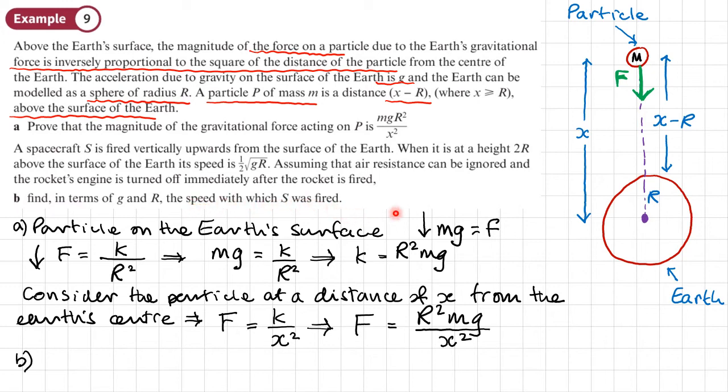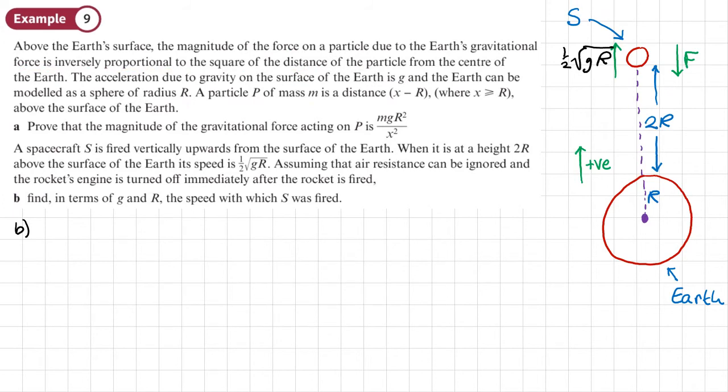So first thing I'm going to do is get rid of this working here and also update my diagram so I can use it for part B. So here's my updated diagram. Here's the spaceship, at a distance of 2r from the surface of the Earth. The Earth still has a radius of r.